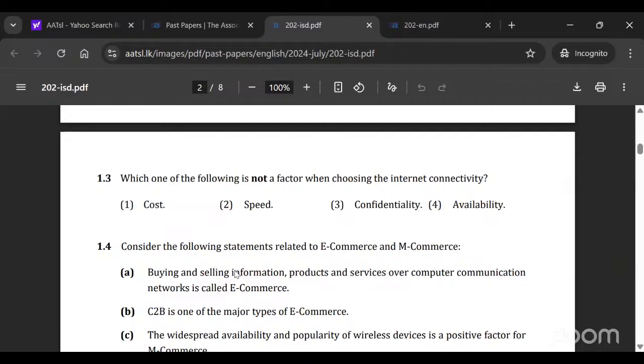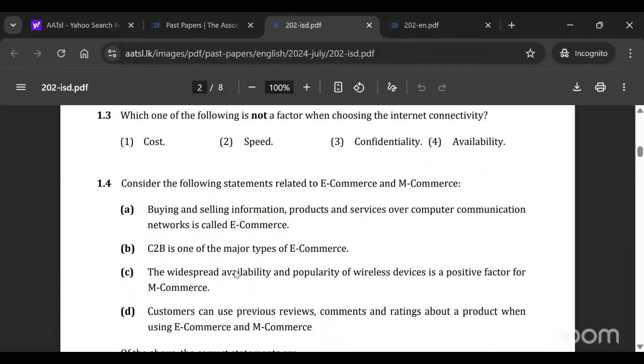We can get around 8 Mbps, 4 Mbps bandwidth. But in other countries, a free internet connection is offered to normal domestic lines. They are not supposed to pay for that. That is 8 Mbps in Japan, right? Like that, if that connectivity is not available for us, we have to pay, right? Then confidentiality is not a factor to consider.